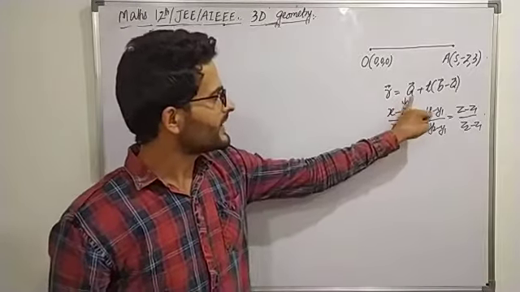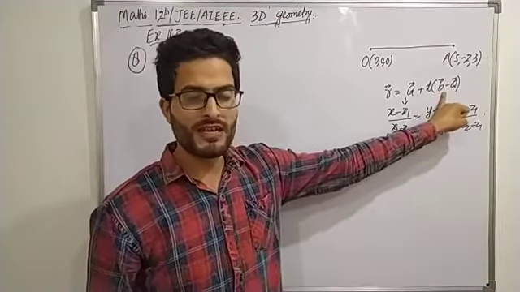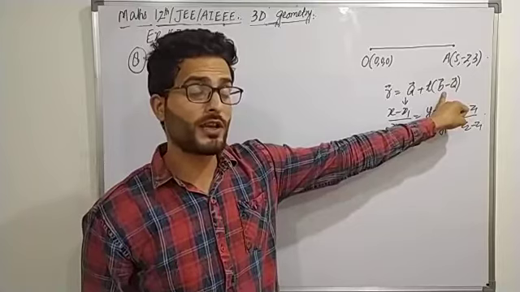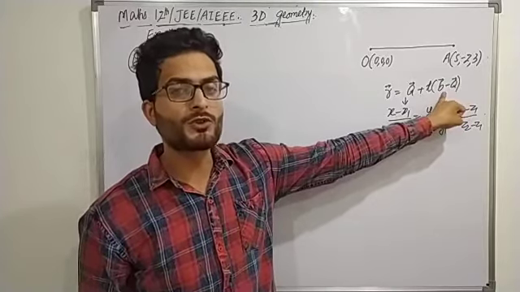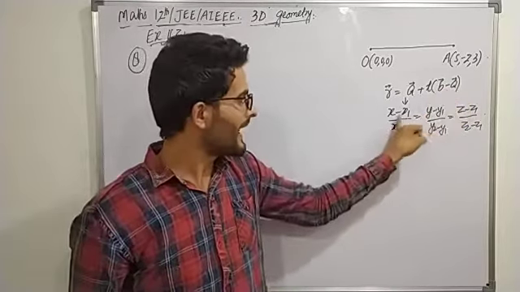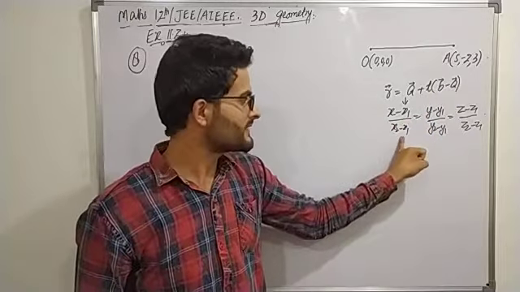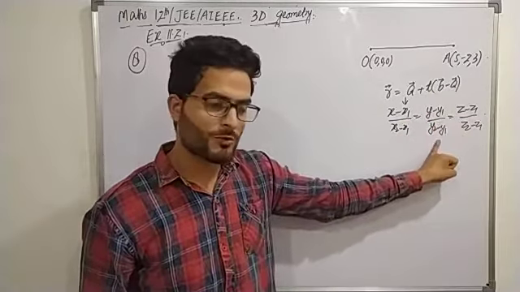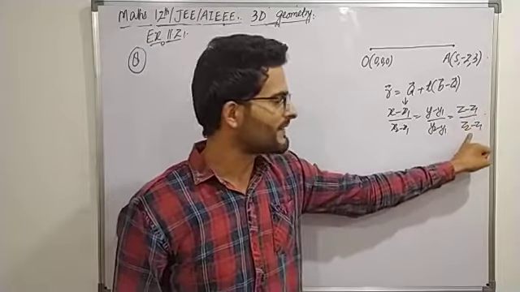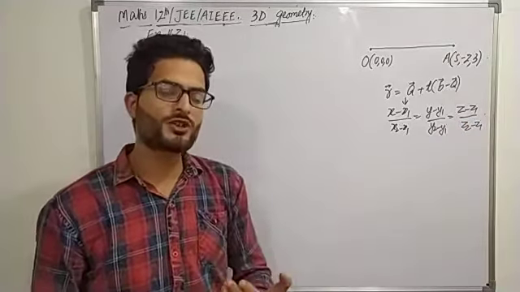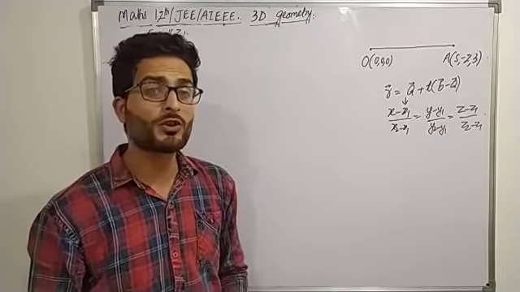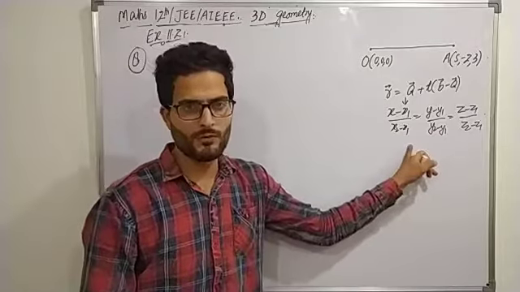So R vector is equal to A plus T times B vector minus A vector is the equation of a line passing through 2 given points in vector form, and x minus x1 divided by x2 minus x1 is equal to y minus y1 divided by y2 minus y1, and that's equal to z minus z1 divided by z2 minus z1 is the equation of that same line passing through 2 given points in Cartesian form, right?